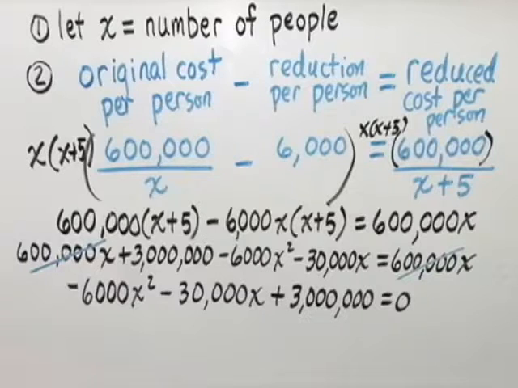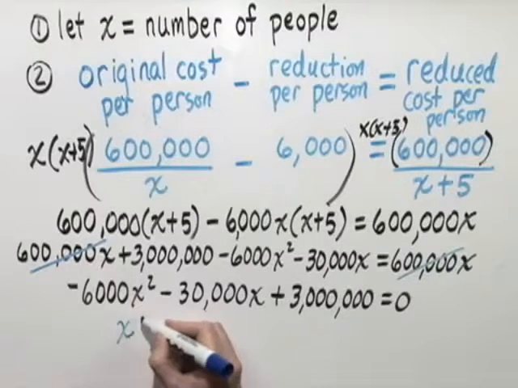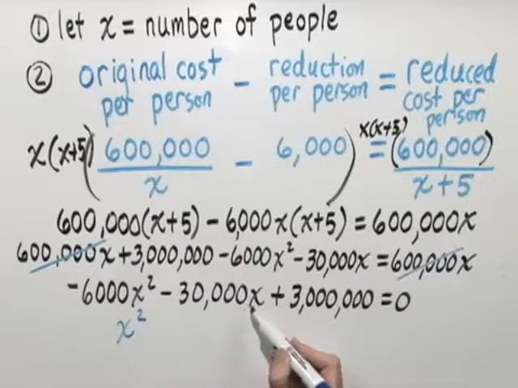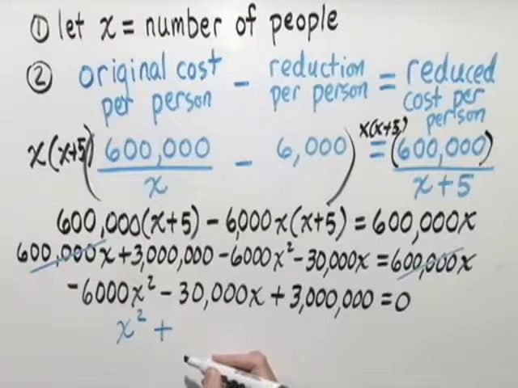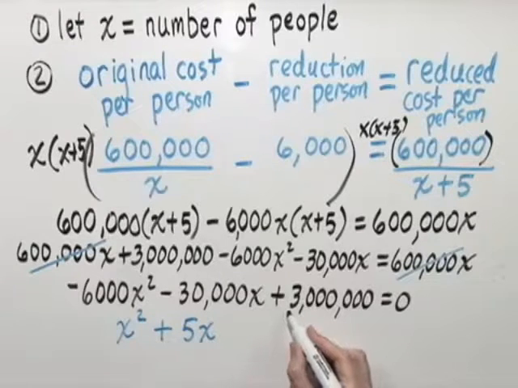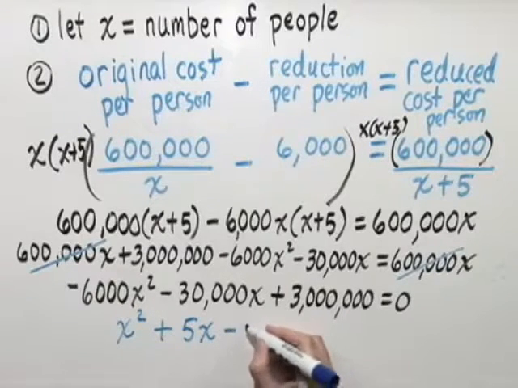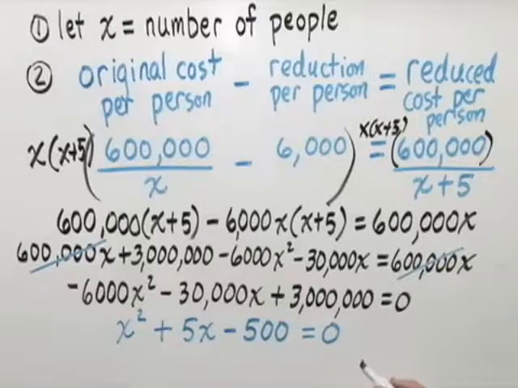So when I divide each term on both sides through by negative 6,000, I'll end up with x squared, I have negative 30,000x divided by negative 6,000, and that will give me a positive 5x. And then when I have plus 3 million divided by negative 6,000, that will give me a minus 500 equals 0.